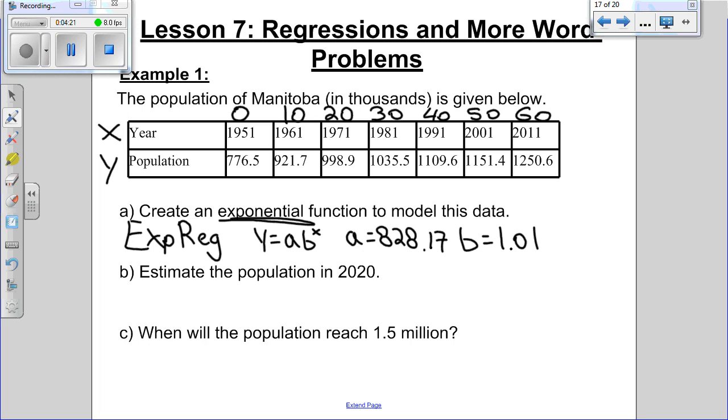So your actual equation that would create this is y equals 828.17 times 1.01 to the power of x. That would be my equation that represents this function. If you got a different equation, you probably put a different number into one of your lists, so maybe go back and double check your list if you made a mistake.